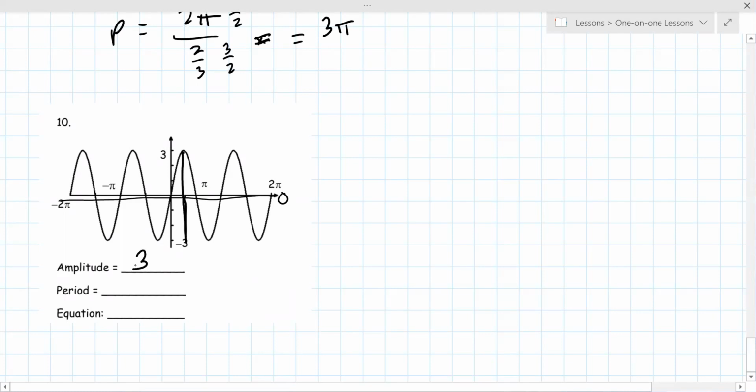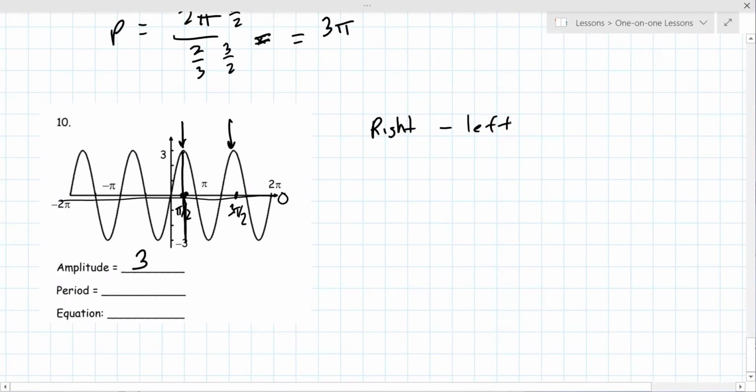So in this case, it's 3, from the center line, which just happens to be the x-axis. To find the period, you need to know peak to peak. How far is it from peak to peak? This one does a terrible job of showing that. I guess this is pi over 2, and this is 3 pi over 2, although it's really unclear. Then you do right minus left for that.